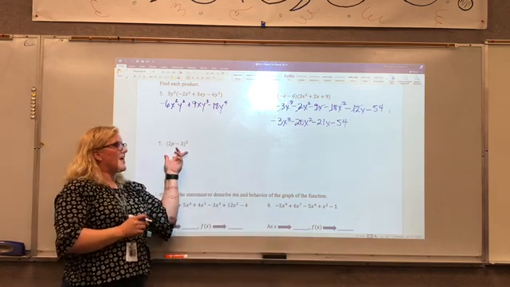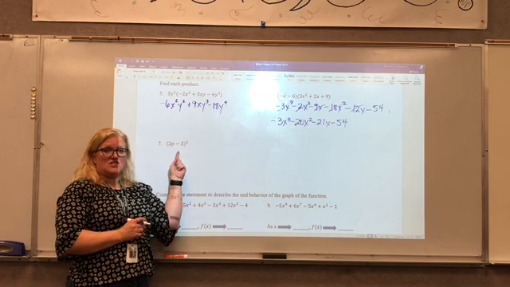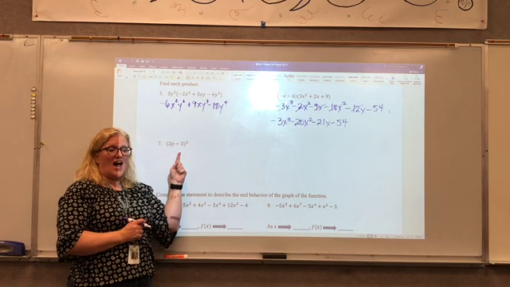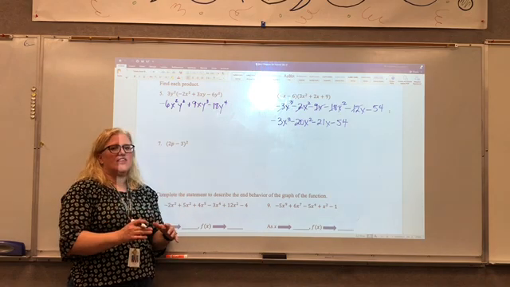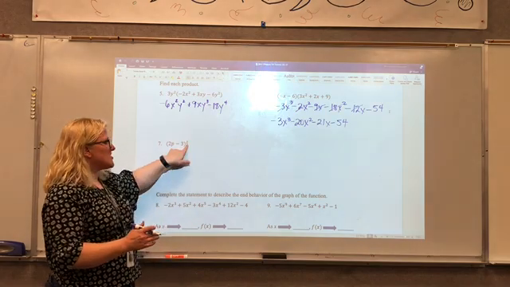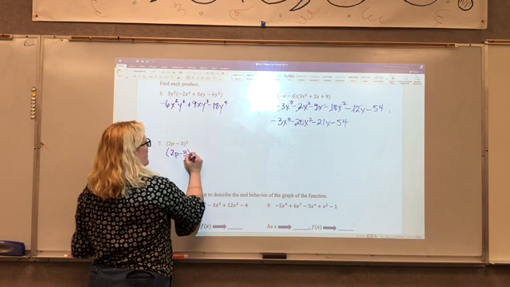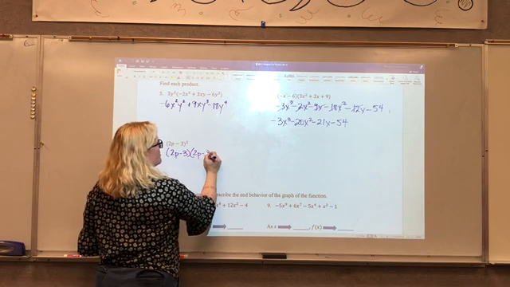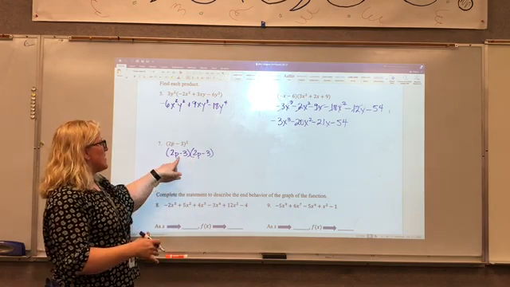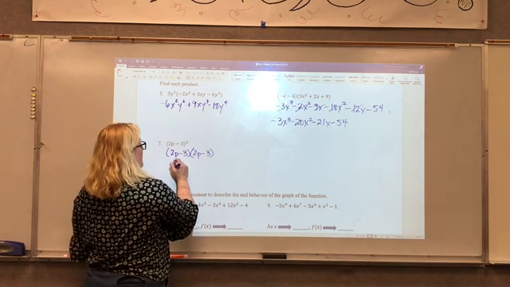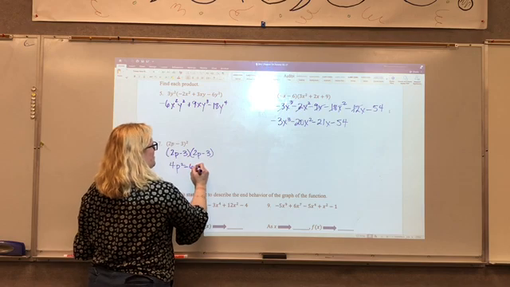Okay, this one, and I said this in class, what this is not is 4p squared minus 9. I would say half of my students do that. But that is not the answer. When you see a squared there, you know that you are multiplying that thing by itself. 2p times 2p is 4p squared. 2p times negative 3 is minus 6p.